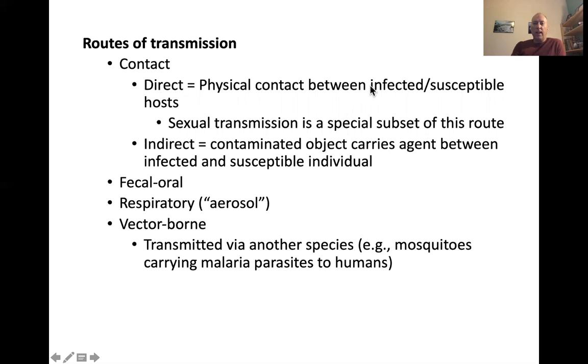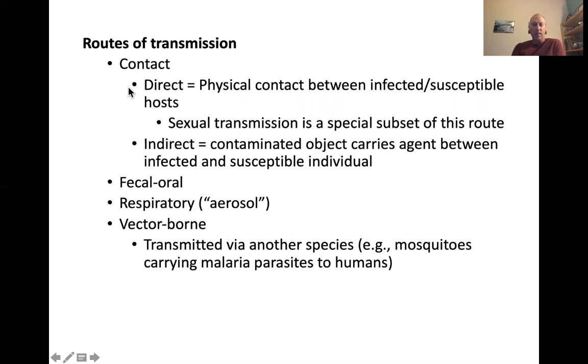So physical contact between an organism that's infected with a pathogen and one that is susceptible allows that pathogen to move from one to the other. And sexual transmission is a special subset of this route of contact-based transmission.